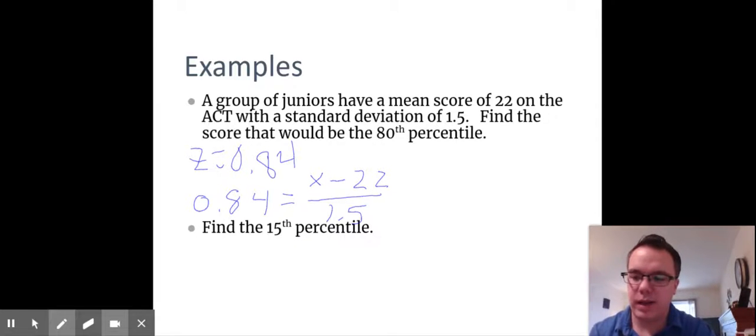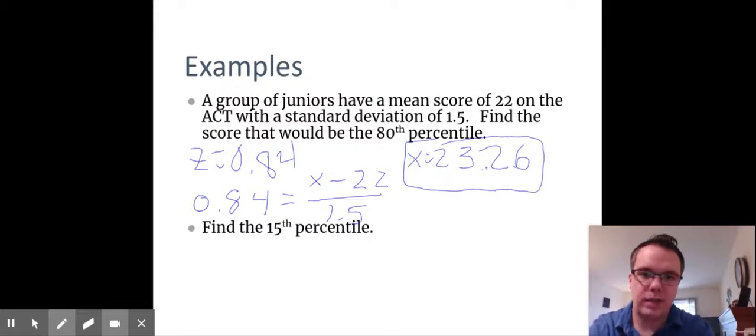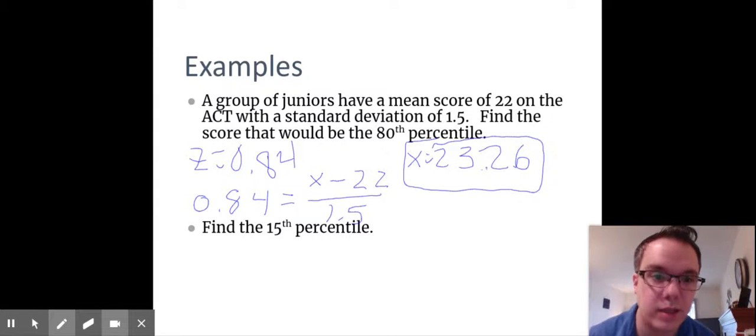If I multiply my 1.5 over and then add 22, I will get a score of 23.26. So the 80th percentile, the score that does better than 80% of the students in this group of juniors, is 23.26.